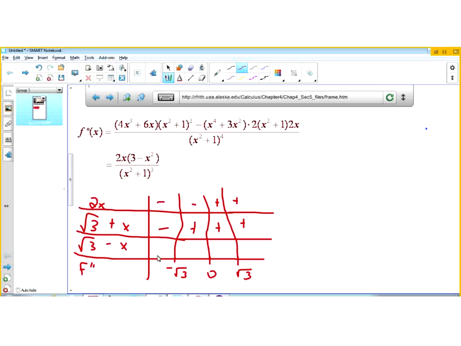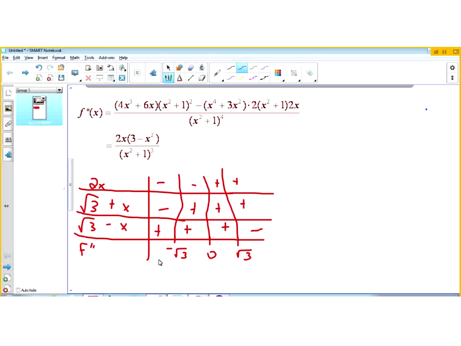If x is less than negative square root of 3, it's negative. Okay, so that means on these intervals, the second derivative is positive, negative, positive, negative.